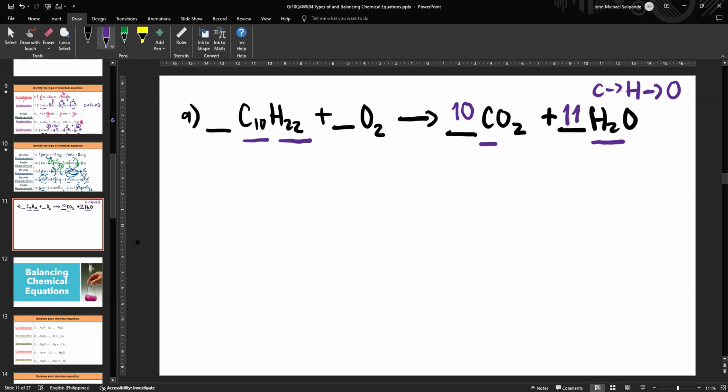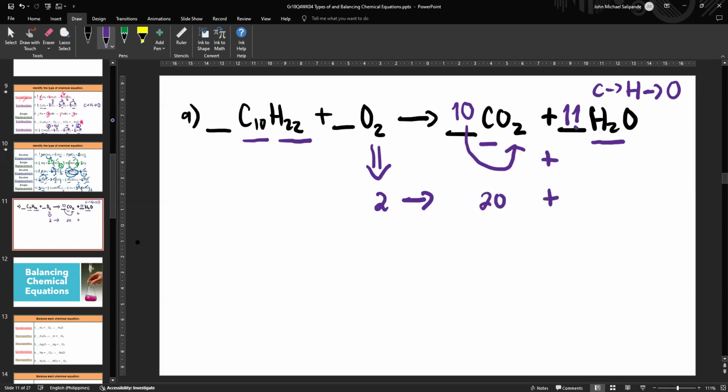That leaves us with oxygen as our unbalanced element. So there are 2 oxygen atoms on the reactant side. There are 20 oxygen atoms in 10 CO2. Why 20? Because 10 coefficient times 2, the subscript of oxygen, so that's 20.